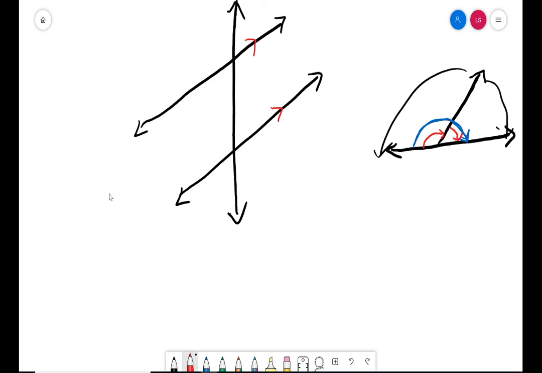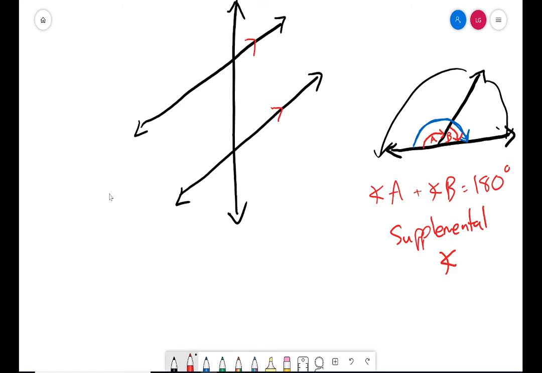We'll call this angle A and angle B. So the measure of angle A plus the measure of angle B will be 180 degrees. And those are called supplemental angles. Okay. So two supplemental angles are angles that are next to each other on a line and add to 180 degrees.